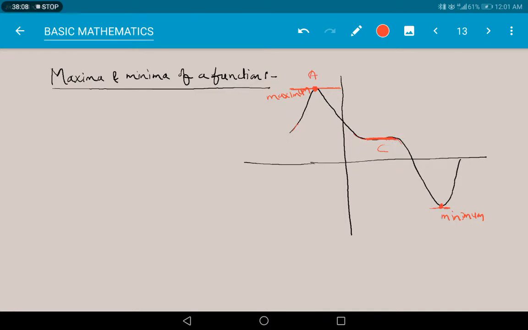So at minimum the function is maintaining a constant value, at maximum also the function is maintaining a constant value.